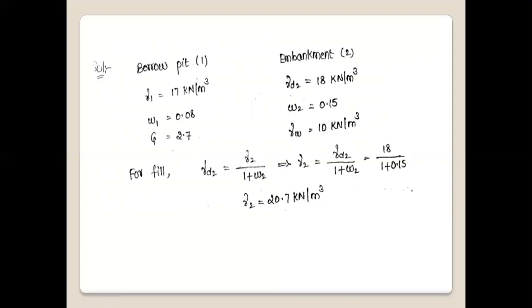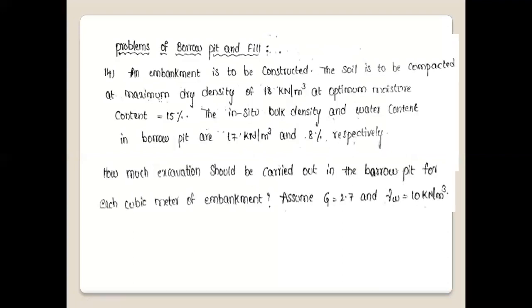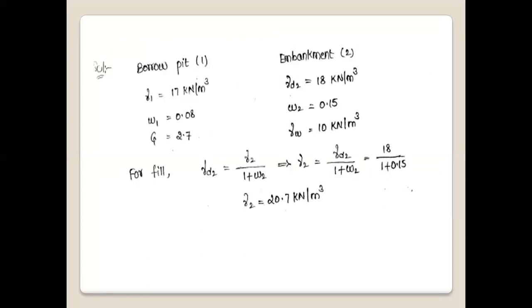So first one for fill, gamma D2 equal to gamma 2 divided by 1 plus W2. Gamma D2 means dry density. Here we find out the bulk density, and water content is 0.15.